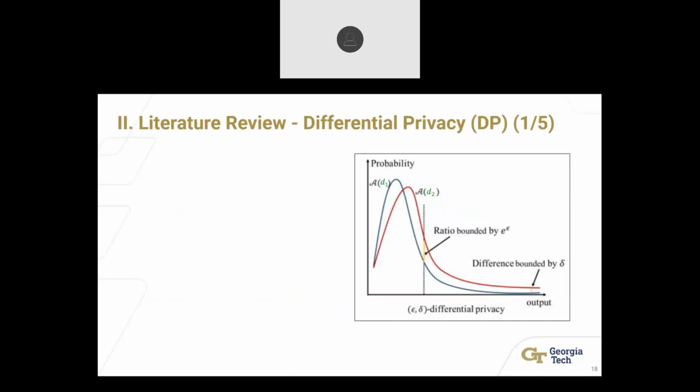All right, so what does differential privacy mean? Differential privacy is trying to perturb the data, to protect the data coming from different instances. For example, we have a distribution from data 1 and data 2.